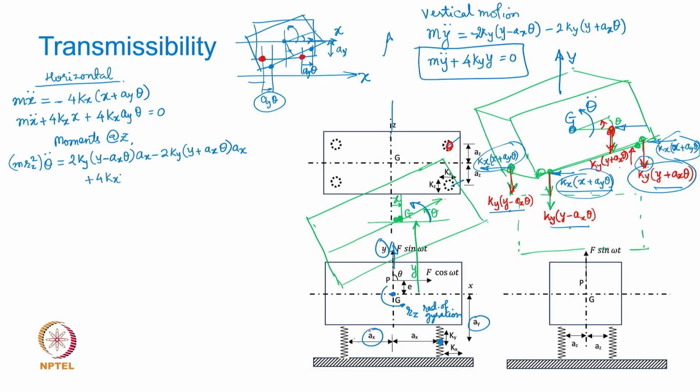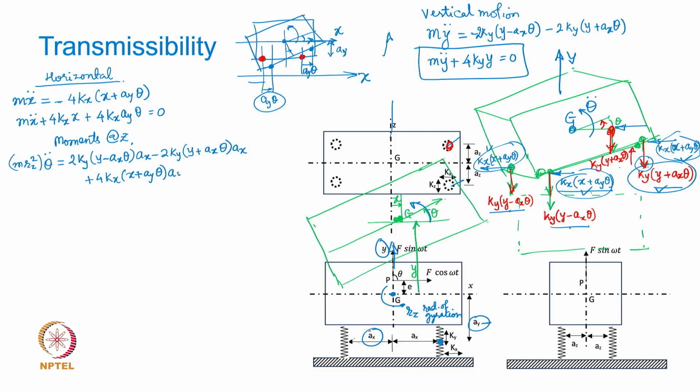So it's going to be 4 kx. This kx, this and this all included will be 4 times, because the value of that force is the same at all the mount positions. So it's going to be (x plus ay into theta), multiplied by, of course, the moment arm, that is going to be ay.